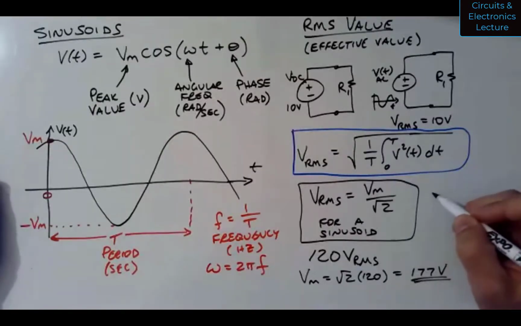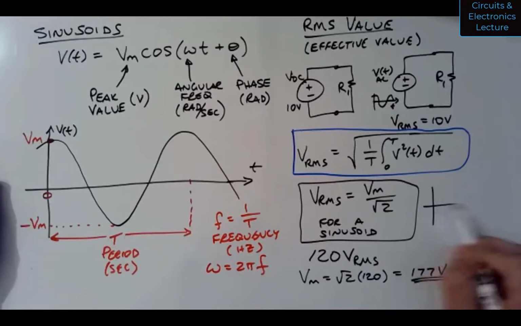Professor? Question. Yes. So in the more complex form of the VRMS, like the original form you have there, why is it that we take the integral from 0 to whatever the period value is? Oh yeah, okay. This is true for any waveform, let me just draw, for example, a triangular waveform like this.